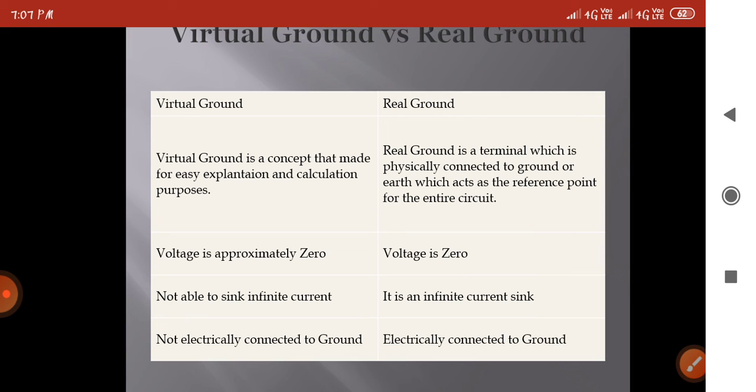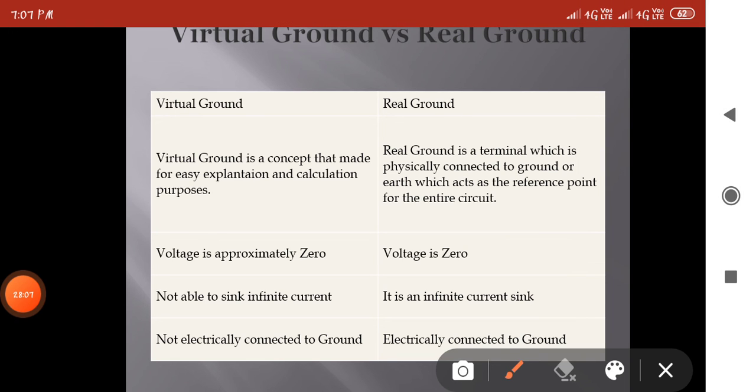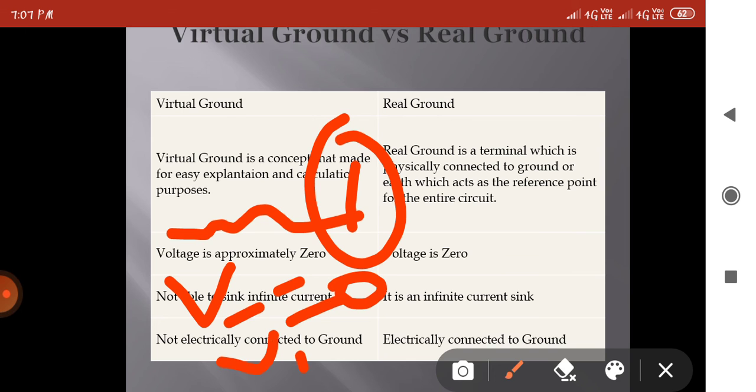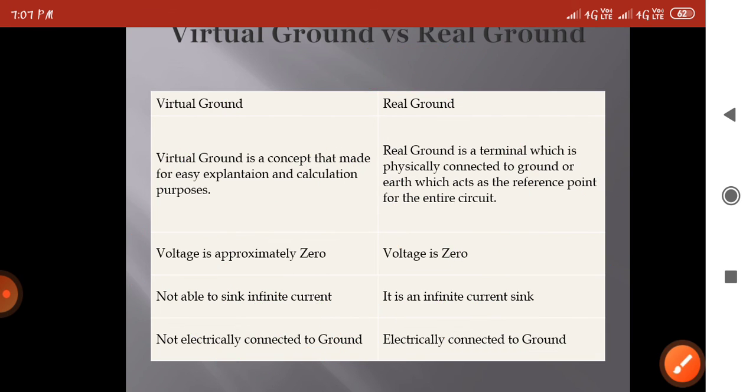We are only saying that V minus equals 0 and V plus equals 0, which we can explain virtually. But it is not shown with any symbolic representation. There is no symbolic representation in the virtual ground.